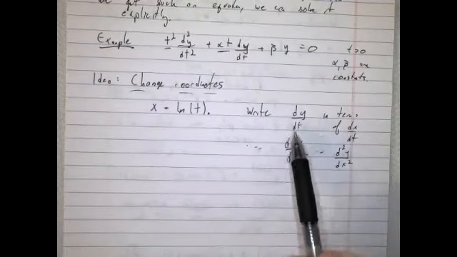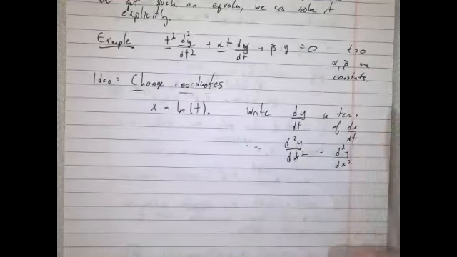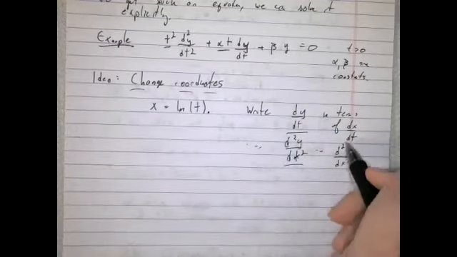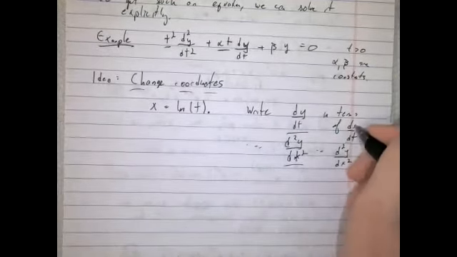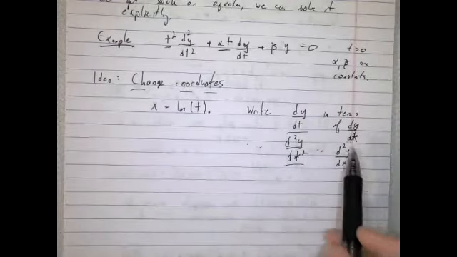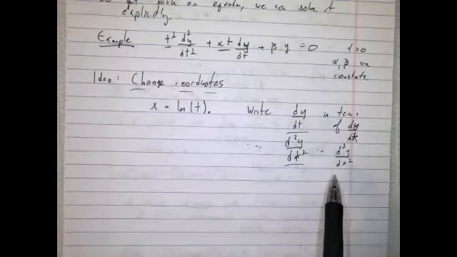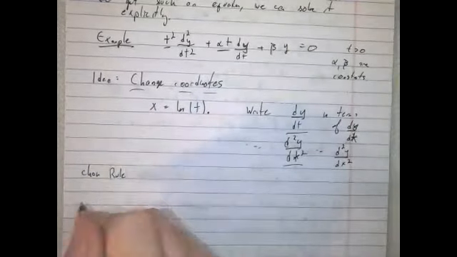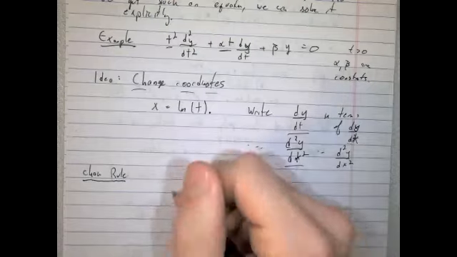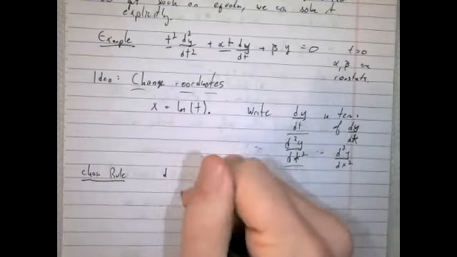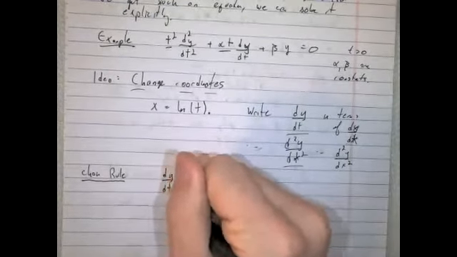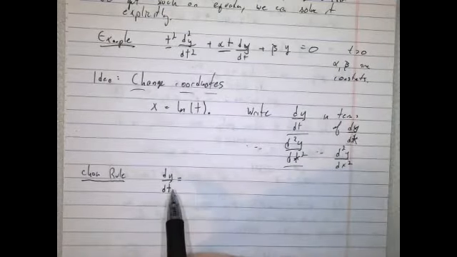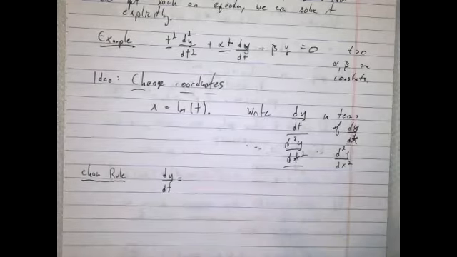So essentially, the way that we write these functions in terms of dy dx is by chain rule. For instance, I know that dy over dt, what should this be equal to by the chain rule if I'm deciding that y is now a function of x and x is a function of t?